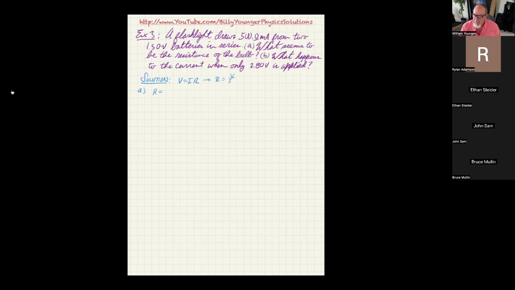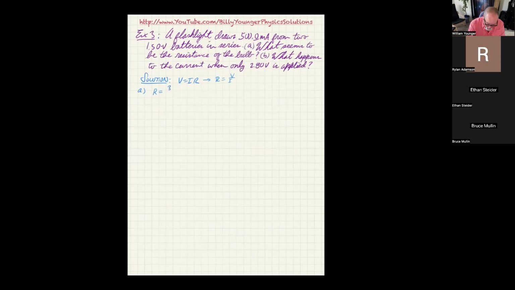Can anybody tell me what the voltage would be for that? I suspect someone might have typed it into the chat. Okay. So yes, if you stack two 1.5 volt batteries on top of each other, they're going to turn out to be 3.0 volts.